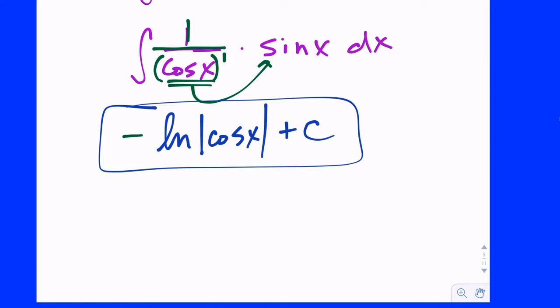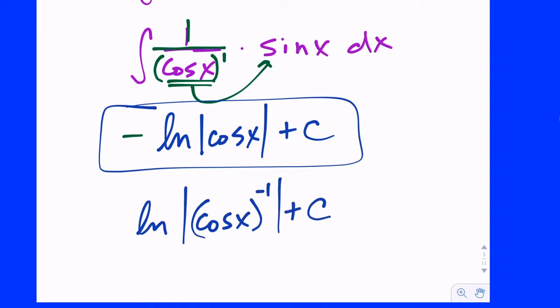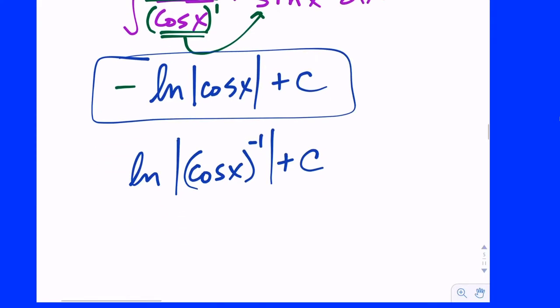But you have the option of memorizing another one and adapting it. That -1 factor in front, remember with logs, we can play with logs. We could bring that one up, and you can bring it inside the absolute values and make it an exponent on your argument. Now, is that inverse cosine or the reciprocal of cosine? That's the reciprocal of cosine.